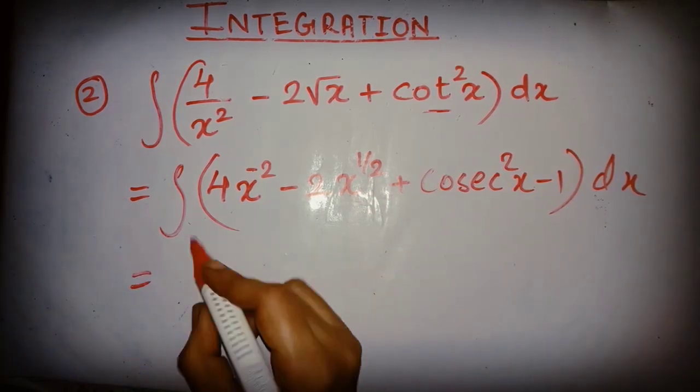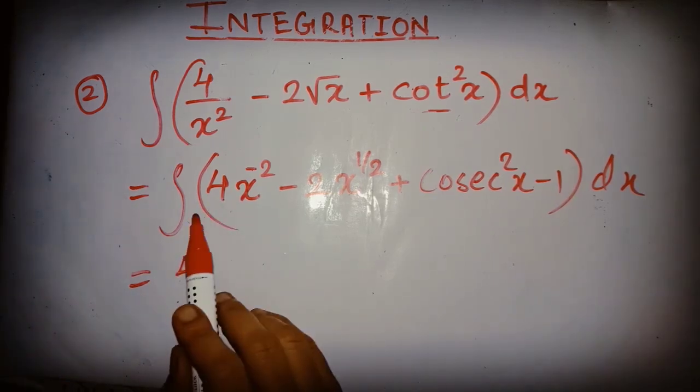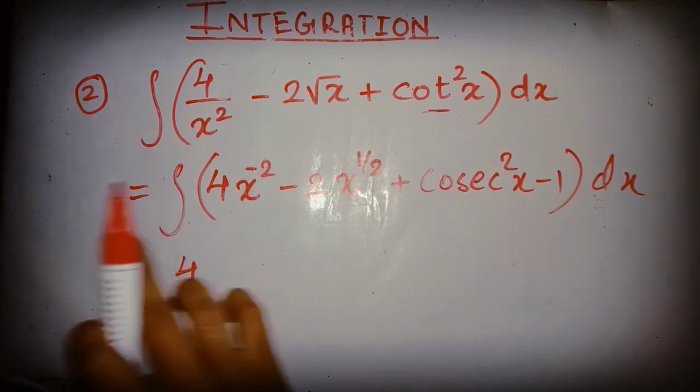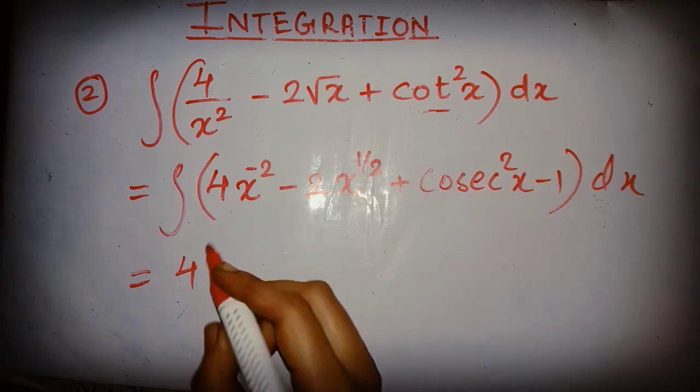Now you start integrating. So 4 we can keep outside. I'm integrating individually, but I'm trying to integrate the whole function in one time only.